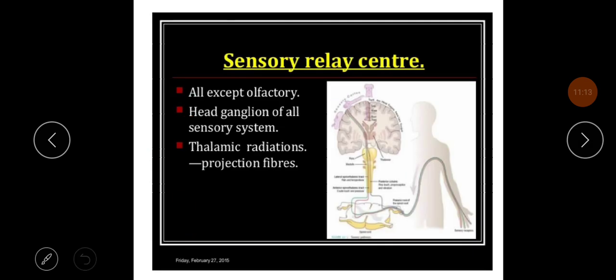As I told, it is a sensory relay center; except olfactory, all the sensations are relayed in the thalamus. That is why it is called the head ganglion of all the sensory systems. It occurs through the thalamic radiation, and they are responsible for production of EEG waves, particularly alpha waves.